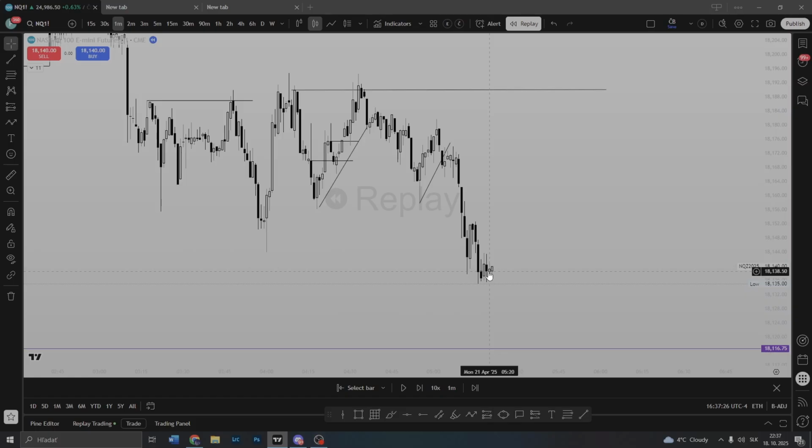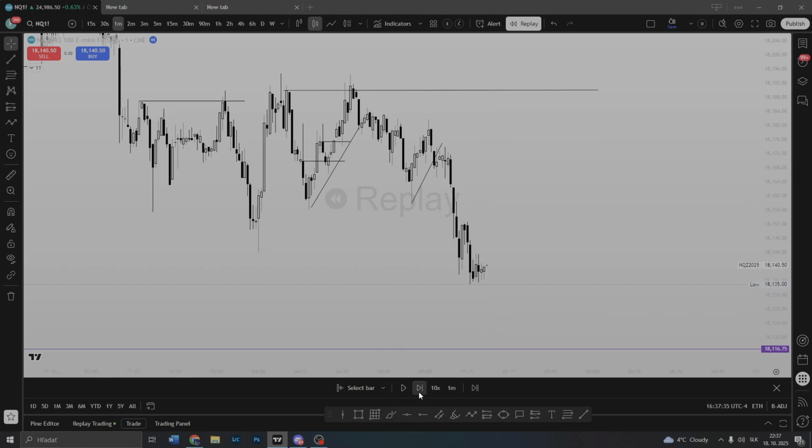And this could be the same situation that happened right here. If you have one strong candle sweeping the lows and closing strongly above this little accumulation, that could be a good spot for a long entry.